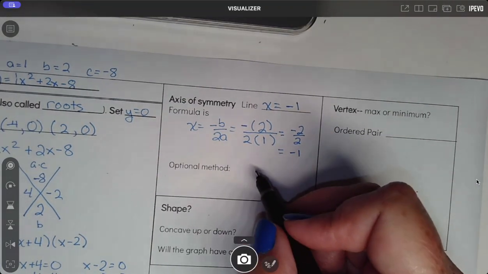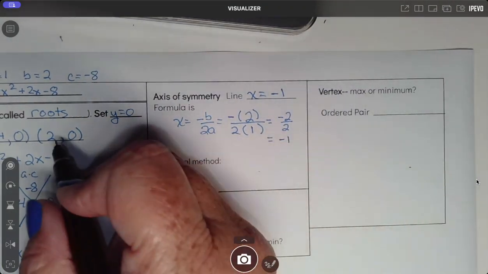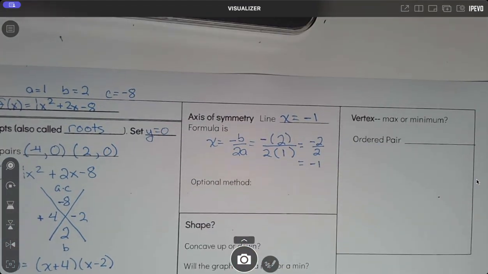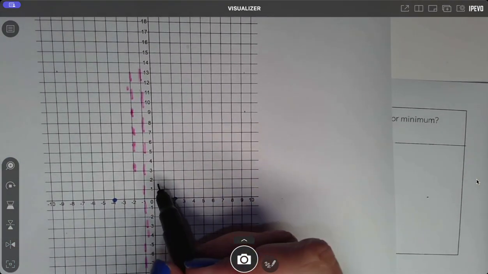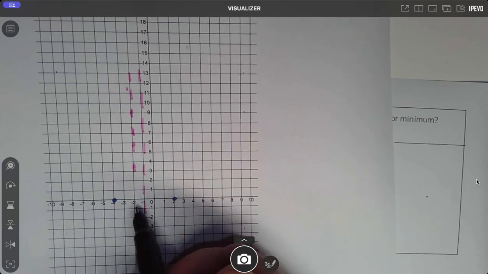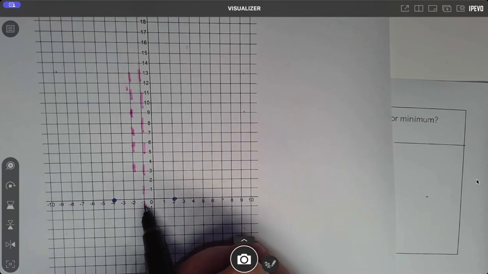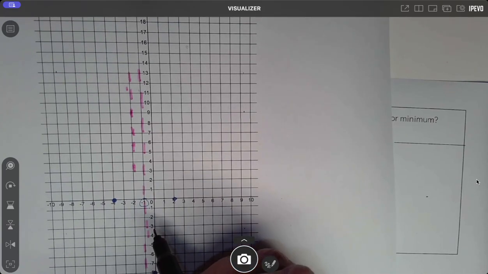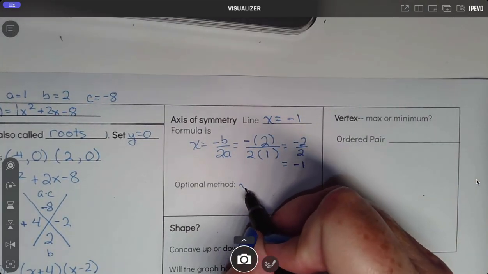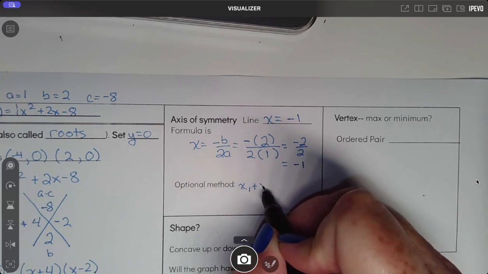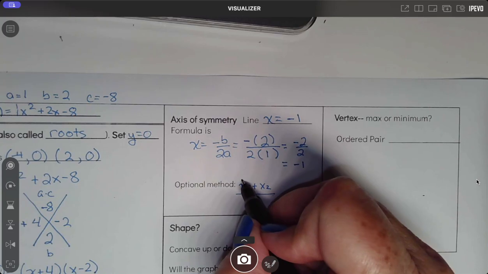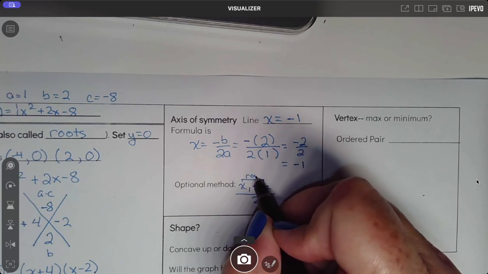So then the optional method is you add the two roots together and divide by 2 because that helps you find the middle. Remember how I said it would be just right in the middle of negative 4 and 2? Well, if I add negative 4 plus 2 and then divide by 2, I get the middle. That's the midpoint formula. So for the midpoint formula, I do x1 plus x2 divided by 2, where x1 and x2 are the roots, or the x-intercepts.